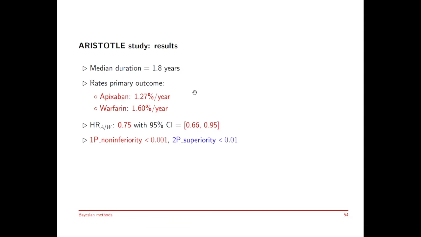The results, on a median duration of 1.8 years, were 1.27% per year for apixaban and 1.60% per year for warfarin, which shows a hazard ratio of 0.75 in favor of apixaban, with a 95% confidence interval excluding 1. The one-sided p-value for non-inferiority was smaller than 0.01, and the two-sided p-value for superiority was smaller than 0.01.